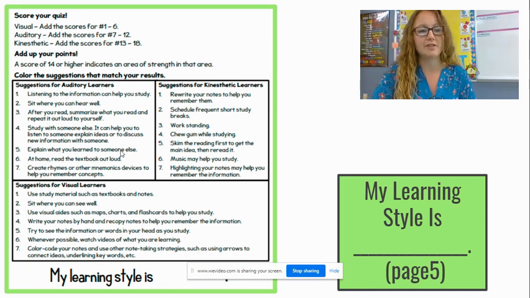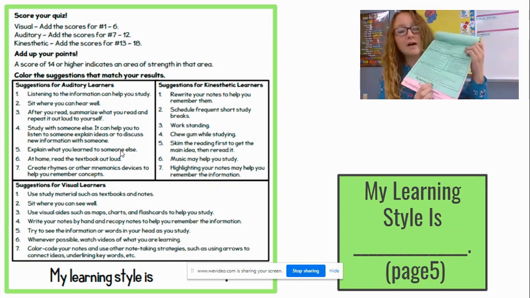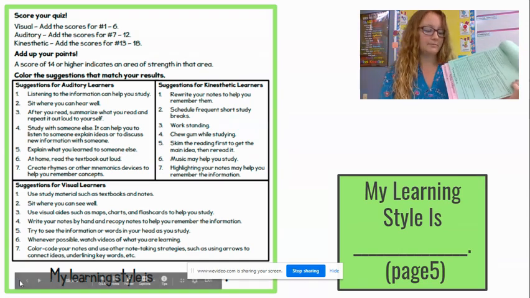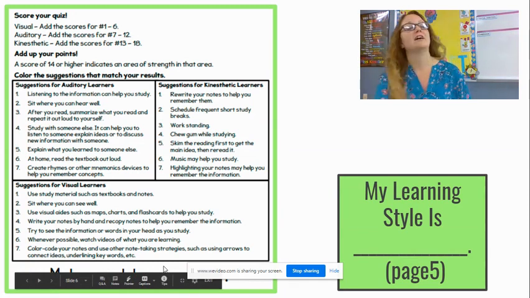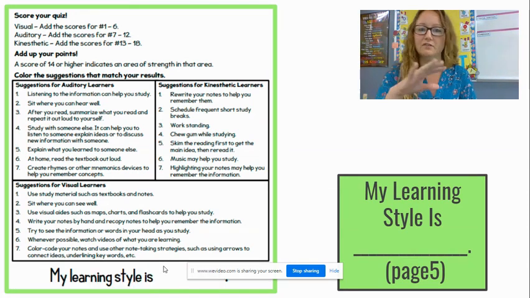If you're that type of learner, these suggestions might help you be more successful in school. Also on page 5 at the bottom, it says my learning style is. If it was mainly one specific one, write that down. If it was more than one, you can write 2 down before we move on to multiple intelligences.